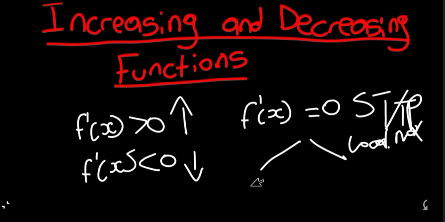And if the function is decreasing on the left of the stationary point and increasing on the right of the stationary point, then that stationary point will be called a local minimum.